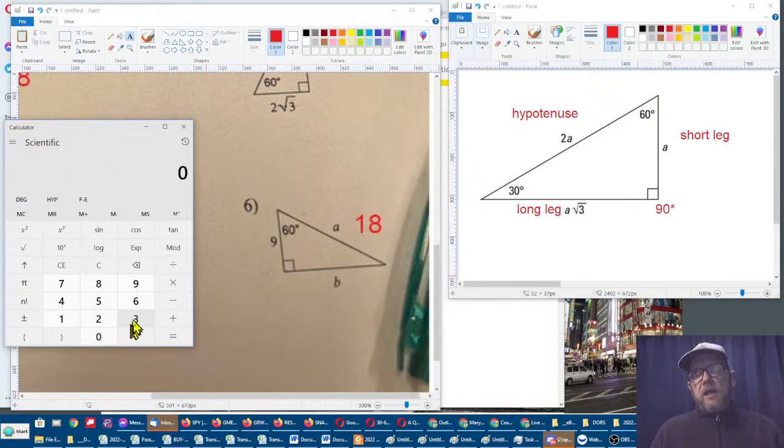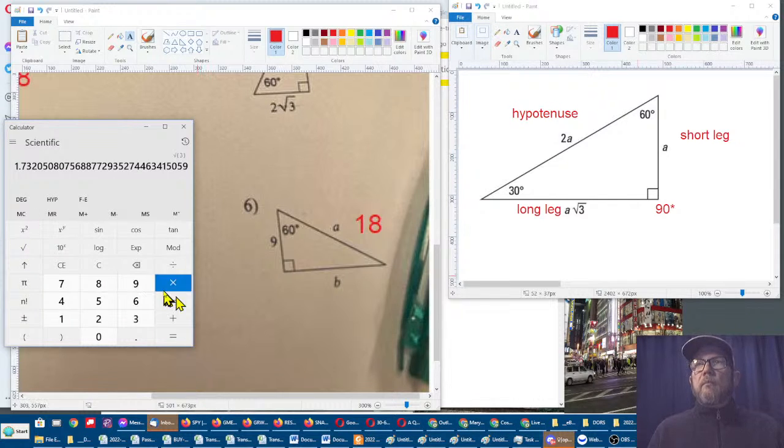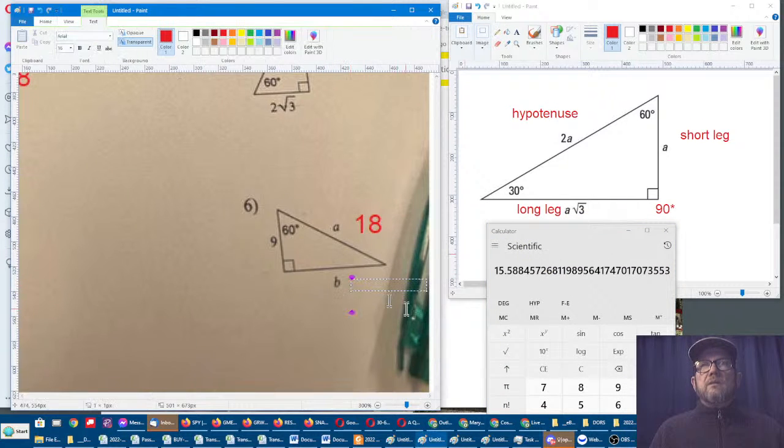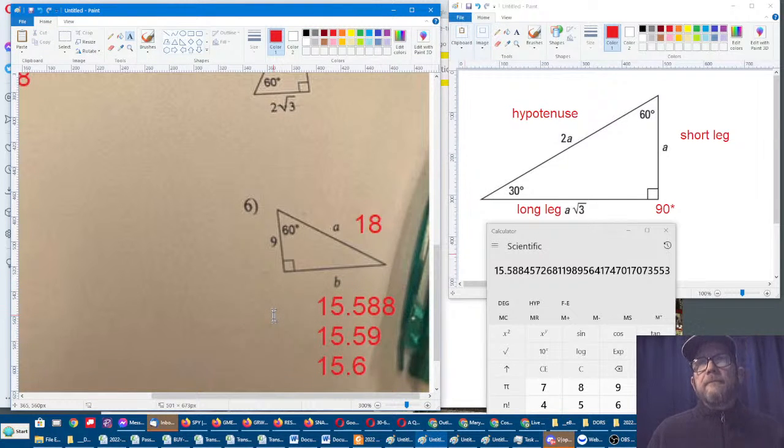So again, 3 square root and then multiply by 9 equals. Now you got 15.588, or you can round it to 15.6, depending on how many digits you want to round up to. Either way it's fine. Okay?